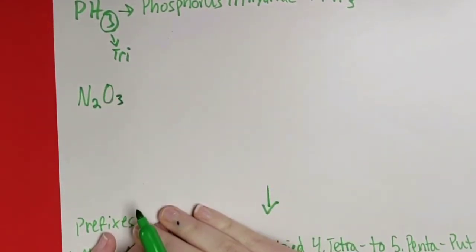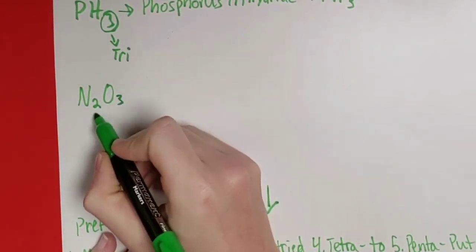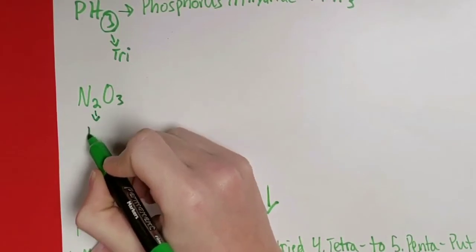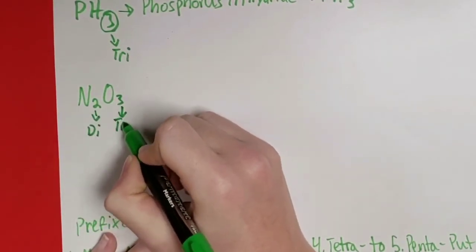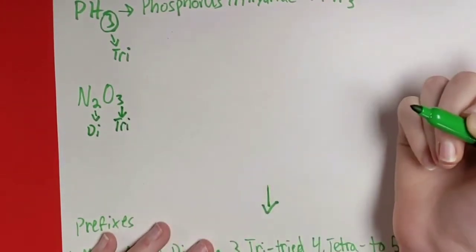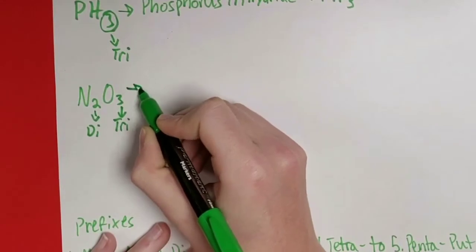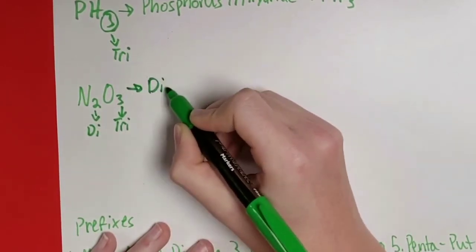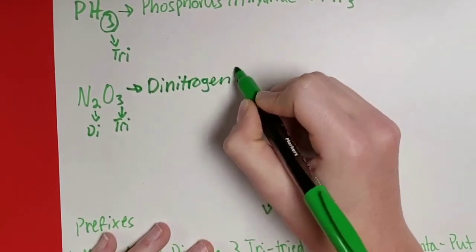If we look at the number of atoms in this compound, we can see there are 2 for nitrogen and 3 for oxygen based on our formula. If we look back at our prefixes, all we need to do is write dinitrogen trioxide. Don't forget to add the "ide" at the ending, and make sure you have the correct prefix before writing it down.